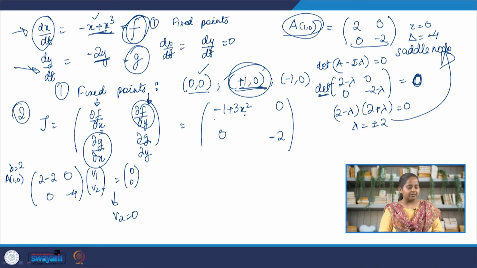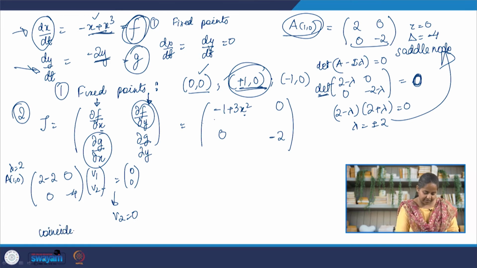When V2 is equal to 0, our eigenvector is coincident with, take a moment, pause this video and guess what it is coincident with. Alright students, I hope you are back and I hope you guessed it correctly. When V2 is equal to 0, our eigenvector is coincident with the x-axis. We just covered it in the previous example of the stable node.